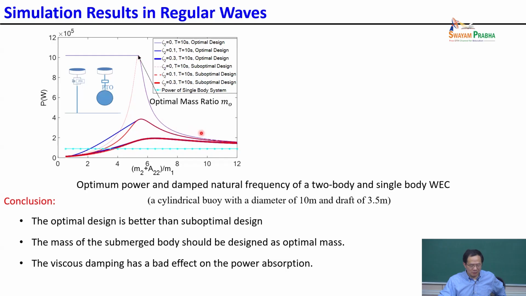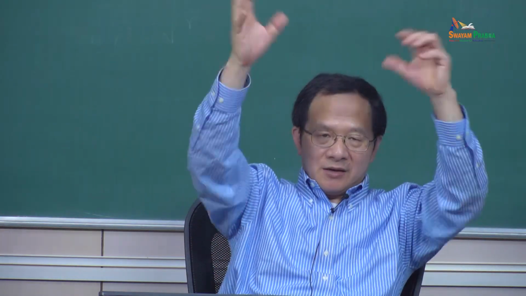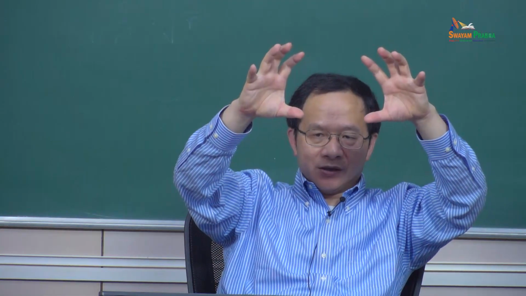A further conclusion is related to damping. Zeta 2 is the viscous damping of the submerged mass, right? I mentioned that the first mass viscous damping is not important.